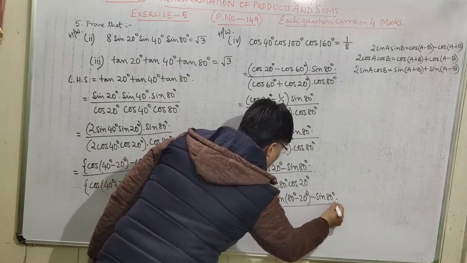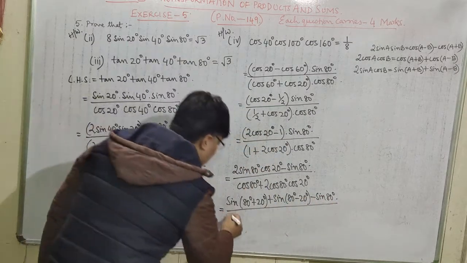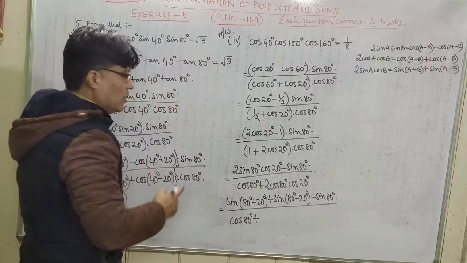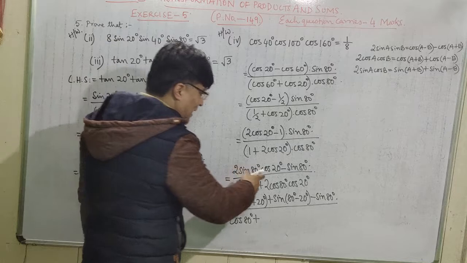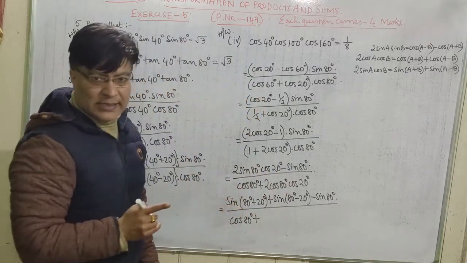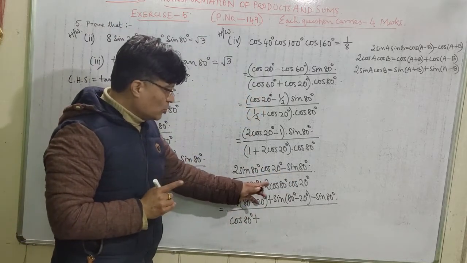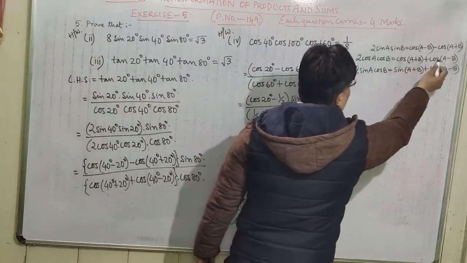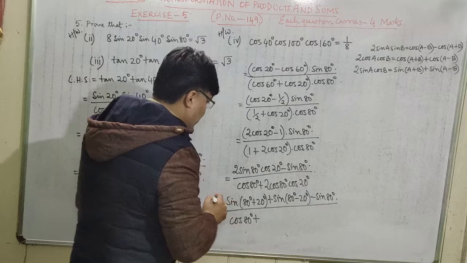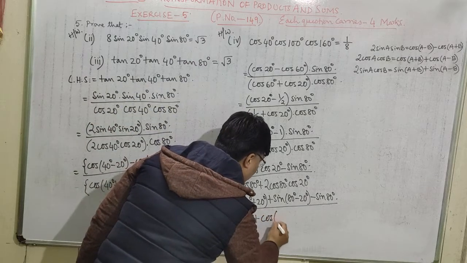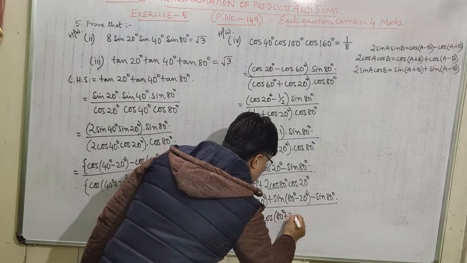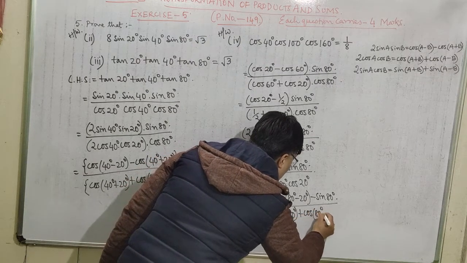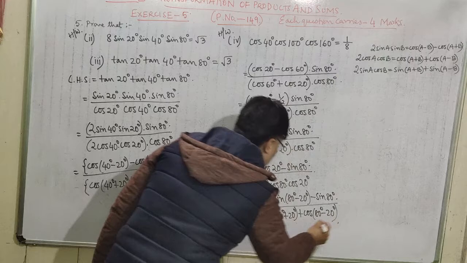This whole divided by, in the denominator you can write cos 80 degree plus, what is the formula for 2 cos A cos B? 80 is A and 20 is B. You can use the formula 2 cos A cos B, cos of A plus B plus cos of A minus B, that is cos of 80 plus 20 plus cos of 80 minus 20.